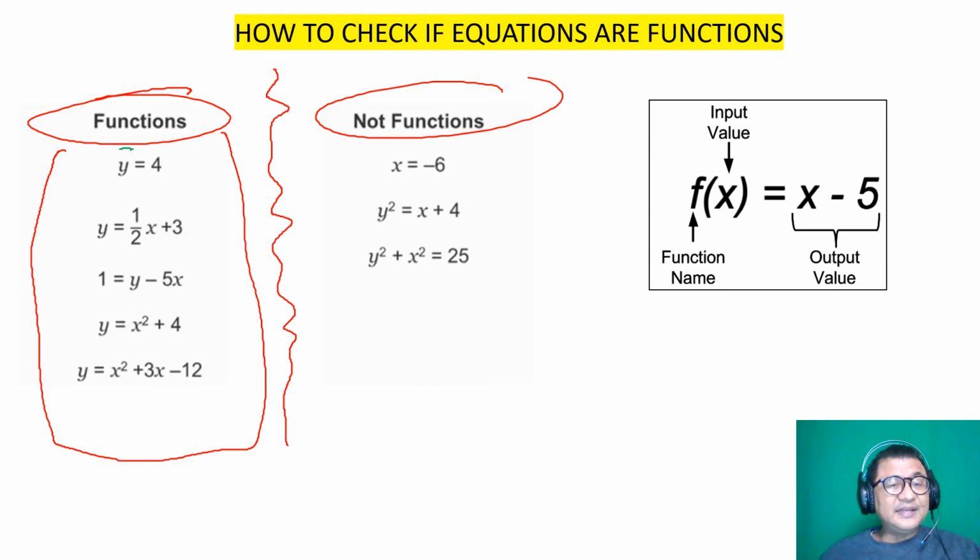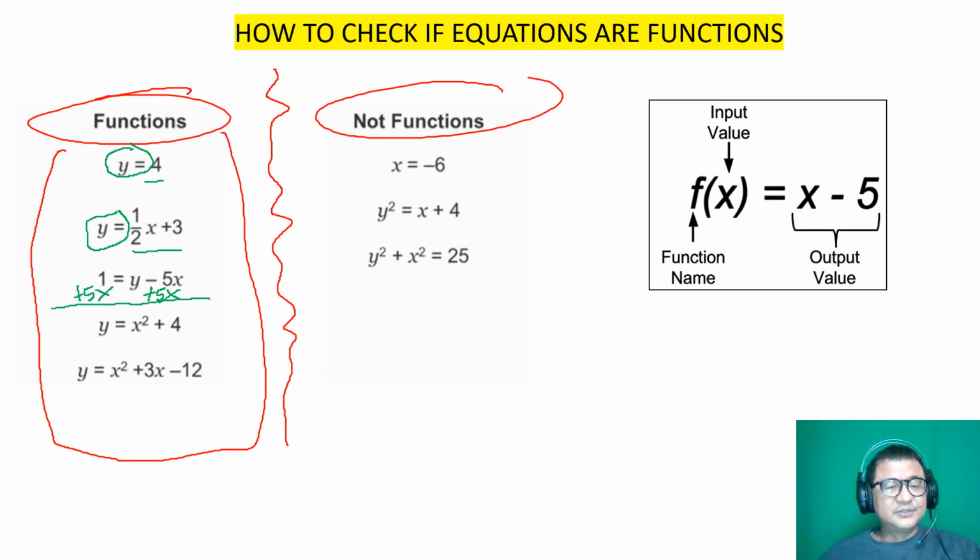Here, y is isolated. Y is alone. Y is equal to a certain term or a number. Here, you can move it away so that y could be alone. Look, I put plus 5x here and plus 5x there.